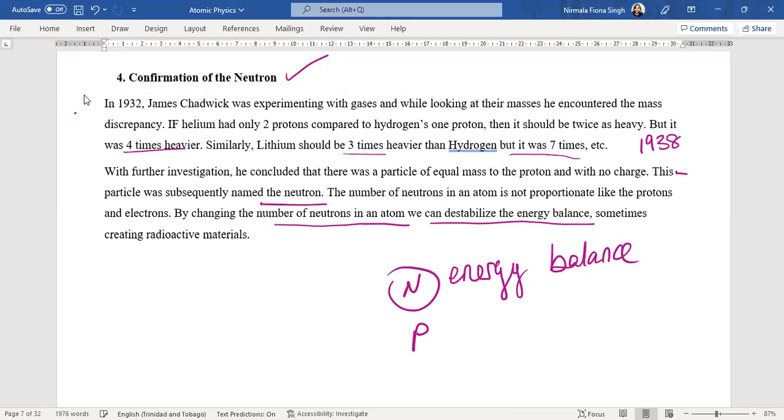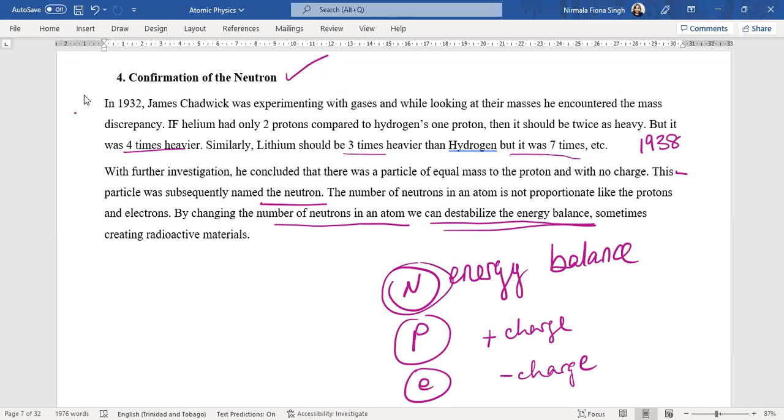Our protons are there to give us positive charge. Our electrons are there for negative charge and for bonding. But this neutron is there to balance out the energy in your atom. And if we change the number of neutrons in an atom, we can destabilize the energy balance and sometimes create radioactive materials, right?